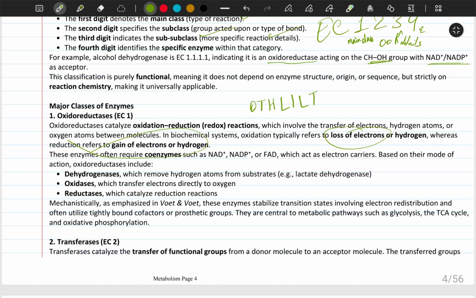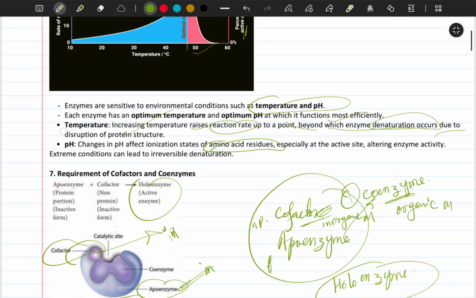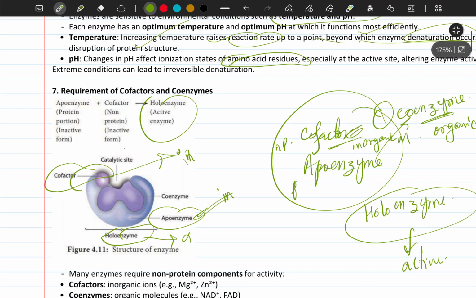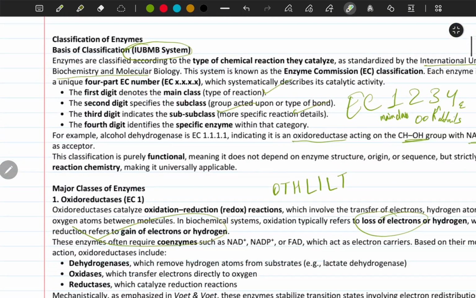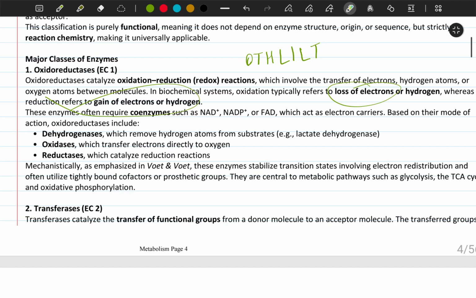Next, these enzymes require coenzymes such as NAD+, NADP+, FAD. The whole thing is an enzyme and it has a coenzyme, which acts as an electron carrier.